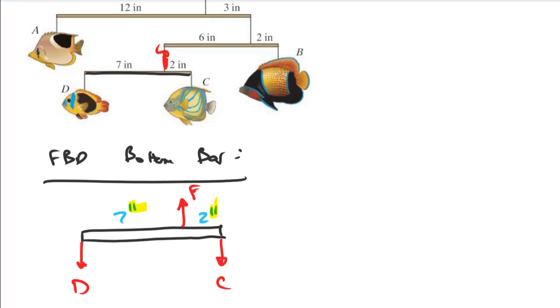There's an infinite number of points we can take the sum of the torques around to have rotational equilibrium. I could take the sum of the torques around here, or around here. But the most convenient place is probably right here.